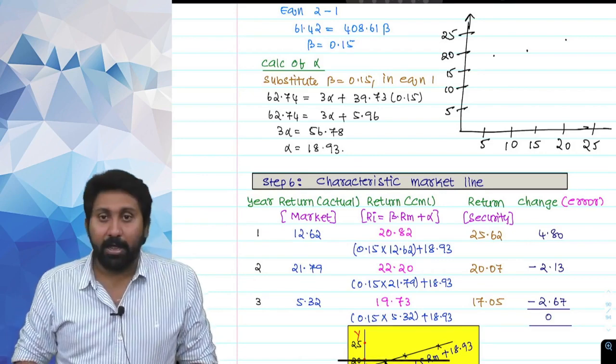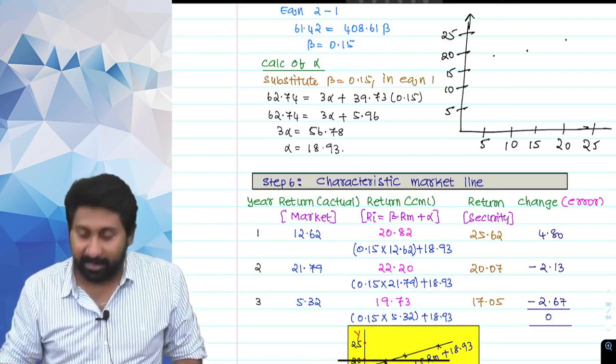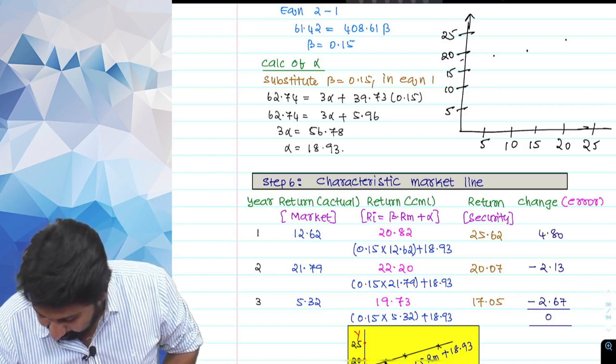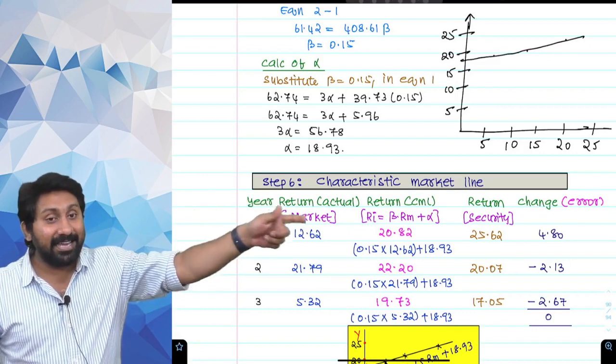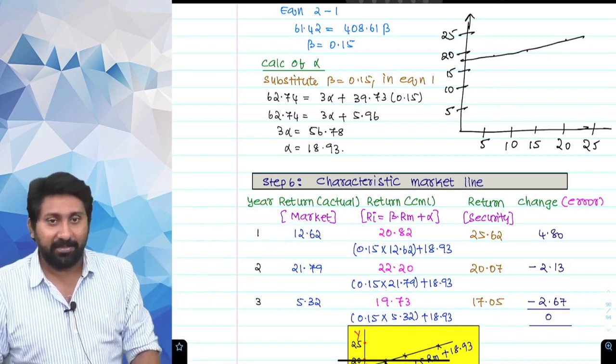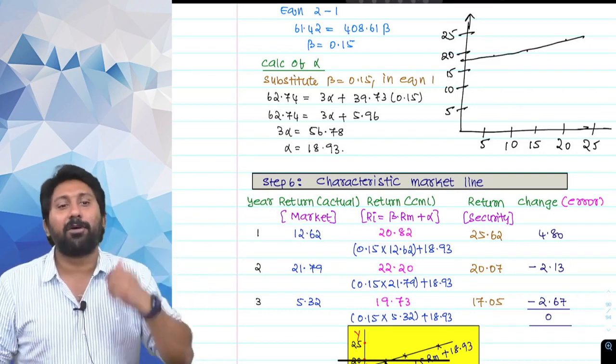Somewhere here. If you see randomly, we have drawn like this. If you draw correctly, it will be a straight line this way. So this equation is a straight line equation. Therefore, automatically it ought to form a straight line.